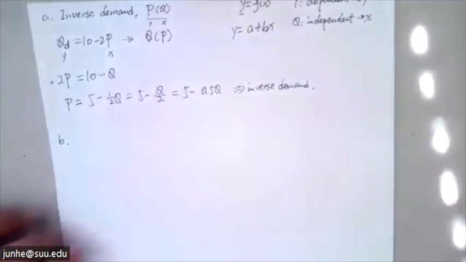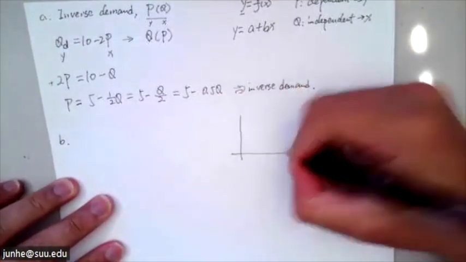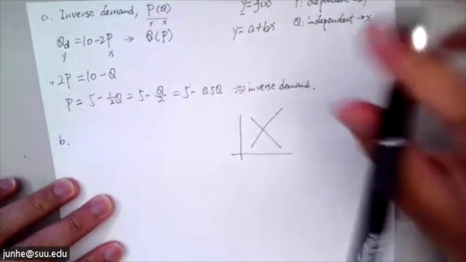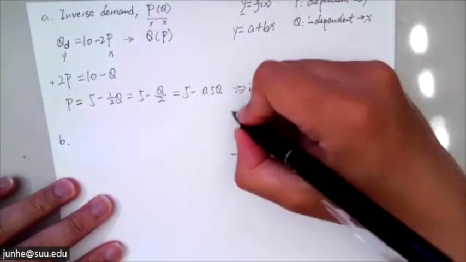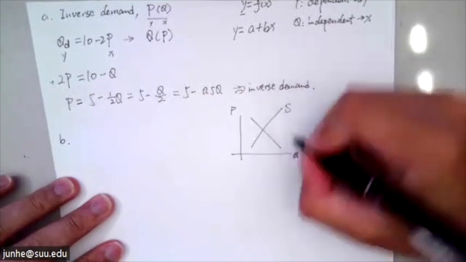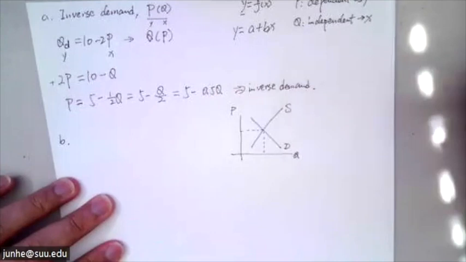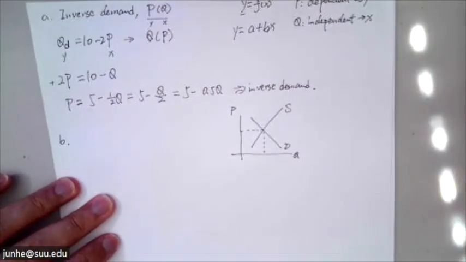And now let's go to B. We need to work out the equilibrium price and quantity. Here we have a supply, we have a demand. The equilibrium price and quantity is when the supply curve and demand curve intersect.